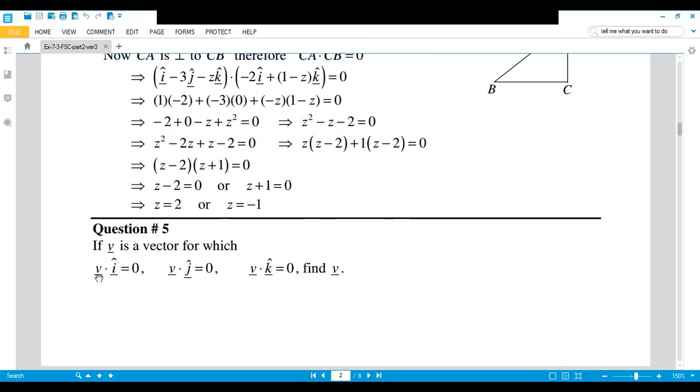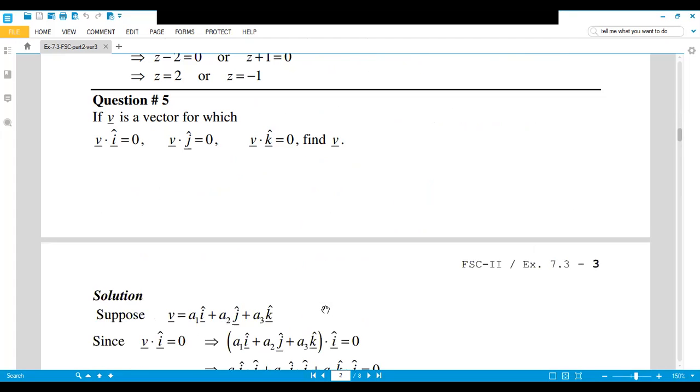Question number 5. If V is a vector for which V dot i is equal to 0, V dot j is equal to 0, and V dot k is equal to 0, find V. We have to find the value of V. V is a1 i plus a2 j plus a3 k. This we do by supposition.